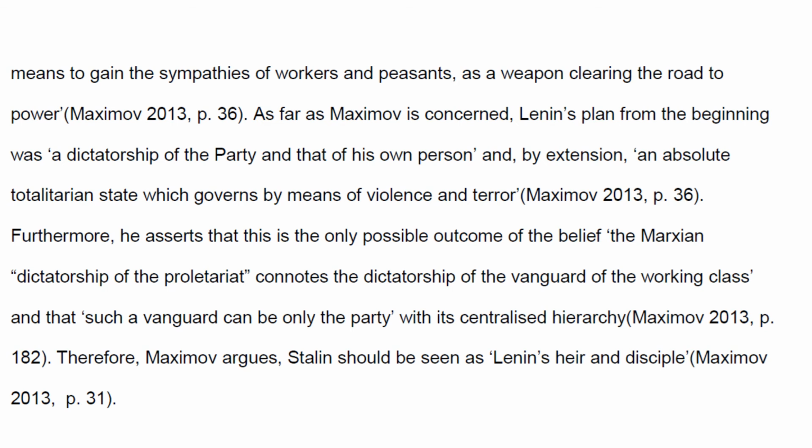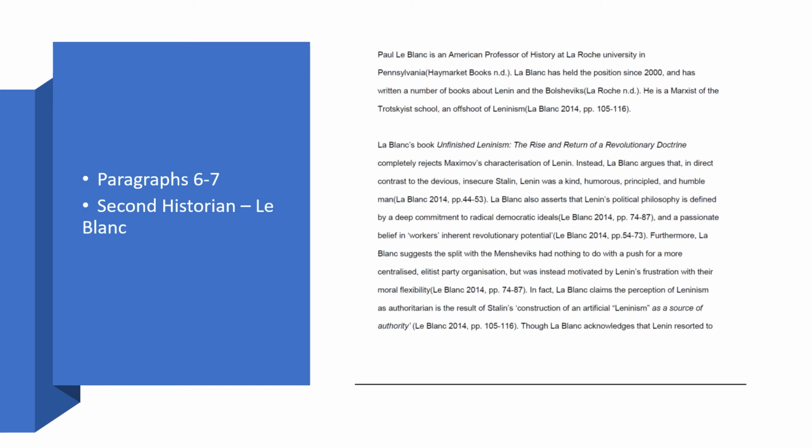He talks about how Maximov says Lenin's plan from the beginning was a dictatorship of the party, and that Lenin was not a true socialist. In the next paragraph, the student talks about Paul LeBlanc, who is an American historian who naturally has a different perspective on Lenin than Maximov.